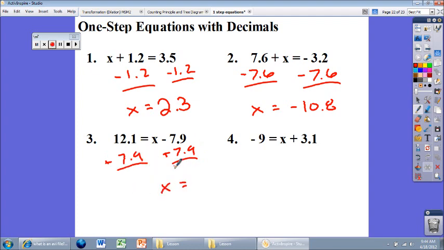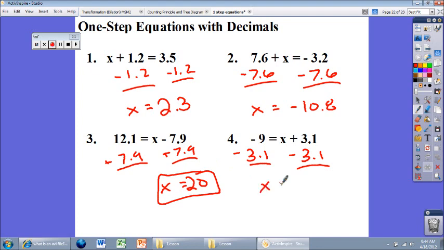X is going to equal 20. And then minus 3.1, minus 3.1. So x is going to equal -12.1. Right, so that's how we do it with decimals, same exact process.